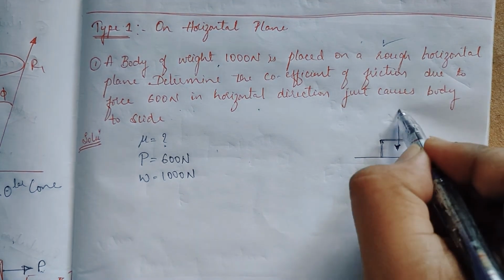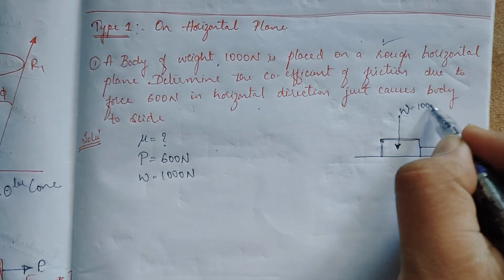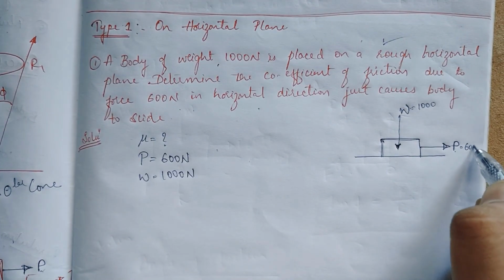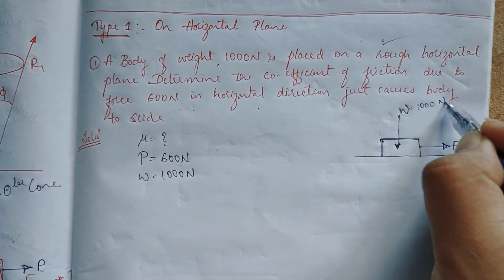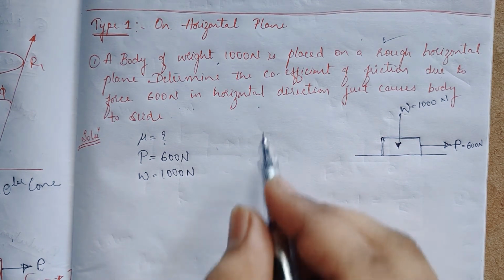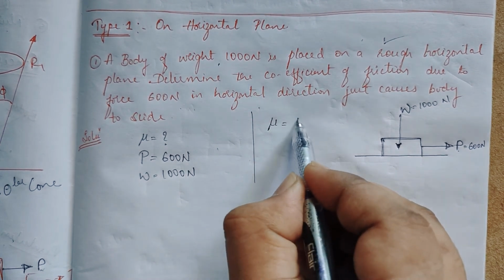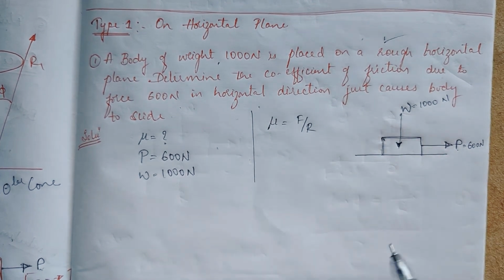Just note down the given data: W is 1000 Newton and P is 600 Newton. Now we have to find the coefficient of friction. In the theory part, we learned that the coefficient of friction mu is equal to F by R. So we know this formula.